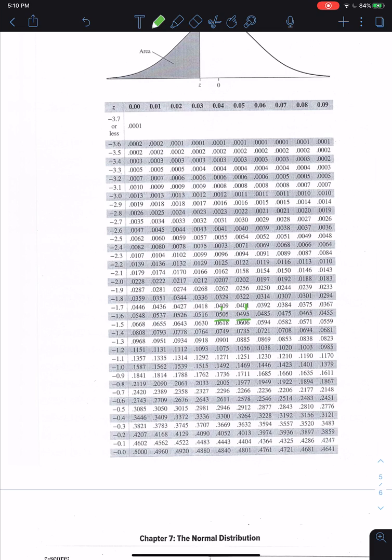This one is 0.495. So this one is 0.05 or 0.0005 too much, and this one's 0.995 too much, right? Or 5, I'm sorry.